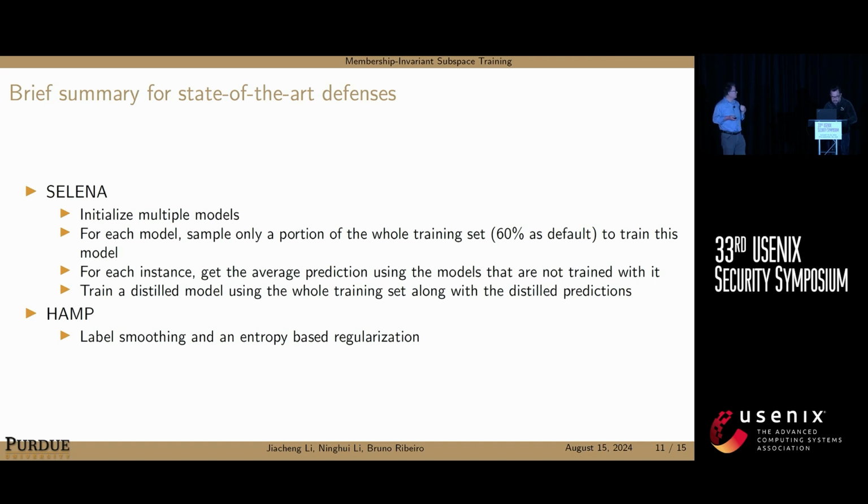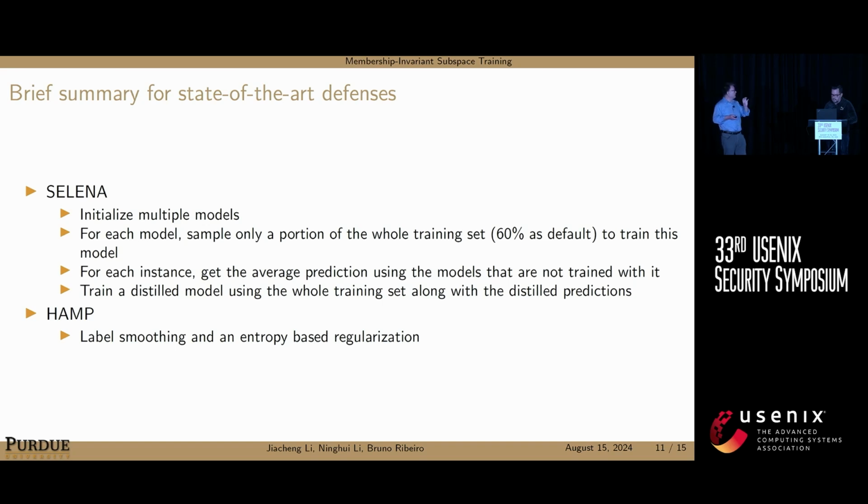The Selena defense was, I think, published two years ago in USENIX Security. The idea has similarity with our idea. You first train multiple models, each trained with only 60% of the training data.